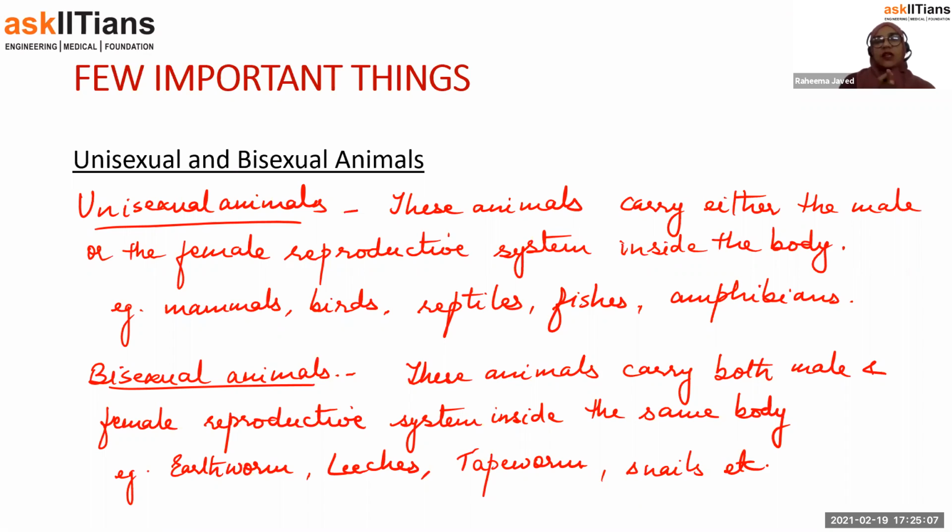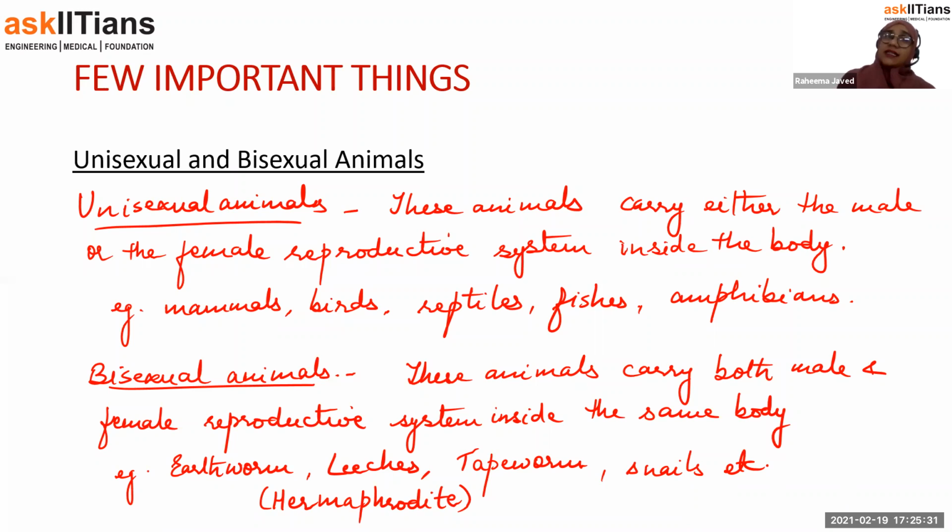Bisexual animals are also known as hermaphrodite animals. Okay, the spelling is this. So they are also known as hermaphrodites. So wherever you see hermaphrodite, just understand that these animals are bisexual. They are carrying both the reproductive systems in the same body.